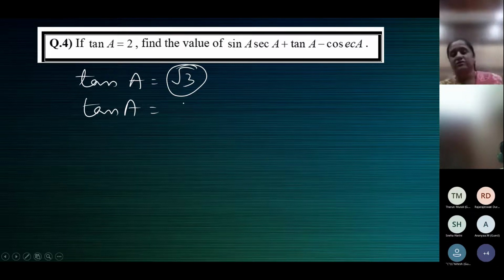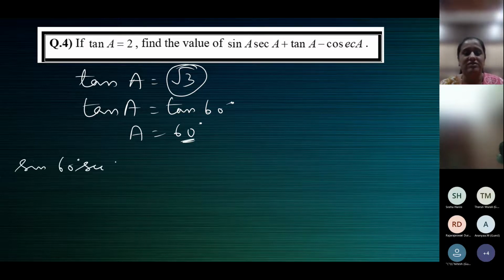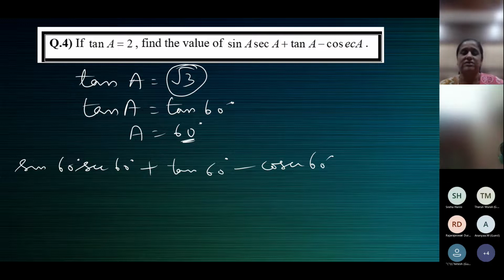At least refer and tell me. 60 degrees. So tan 60 degrees is root 3. So on comparing both the sides, A is equal to 60 degrees. So we found A. So we have to find now sine 60 degrees, secant 60 degrees, plus tan 60 degrees, minus cosecant 60 degrees, because A is 60 degrees.